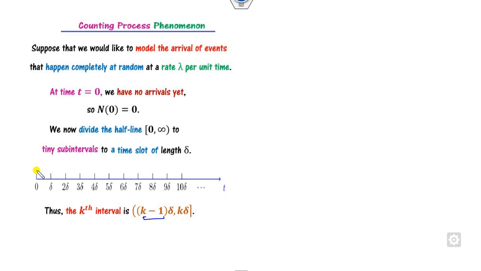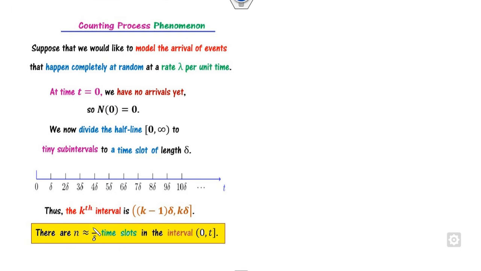The first interval is 0 to delta, the second is delta to 2 delta, the third is 2 delta to 3 delta, and so on. Since delta is very small, what is the total number of intervals? The length of each is delta, so the total number n is approximately t upon delta time slots in this interval.